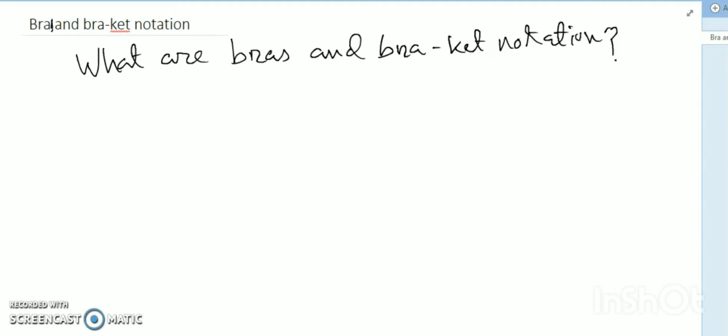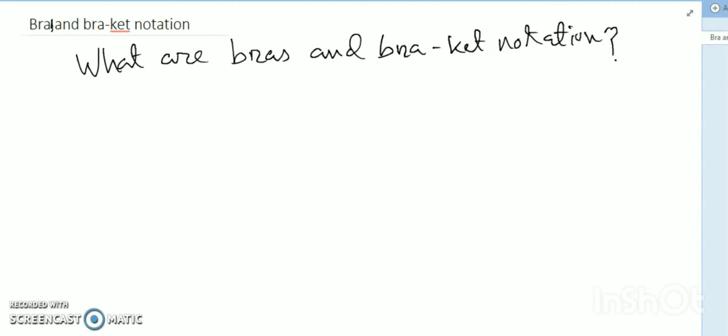Today's discussion is quantum physics. What are bras and bra-ket notations? This episode I want to introduce another fundamental object in quantum mechanics, the bra.